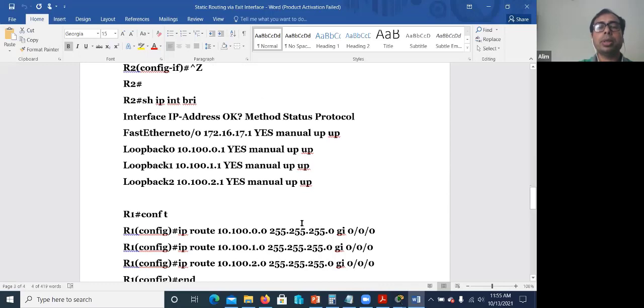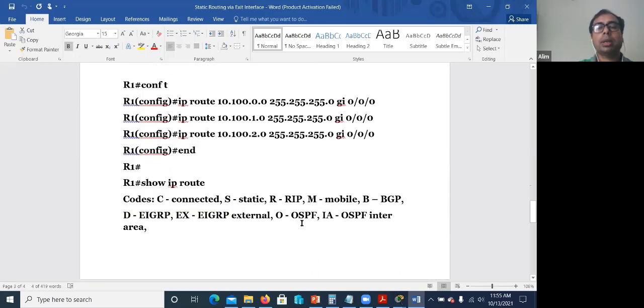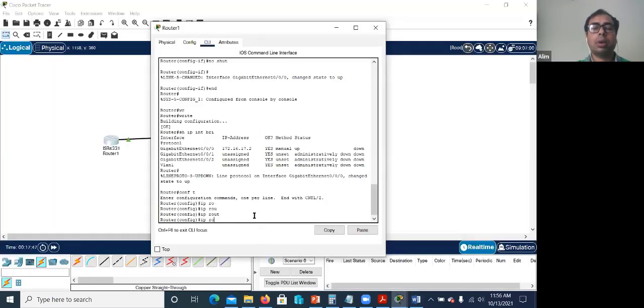One loopback means one network. Okay, we will try to reach that one. Okay, just one route. You will configure all the routing. Okay, how you configure one route, IP route, for example.